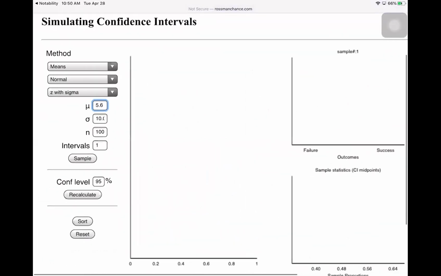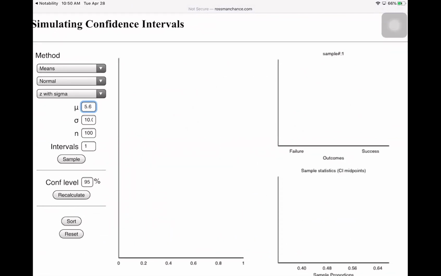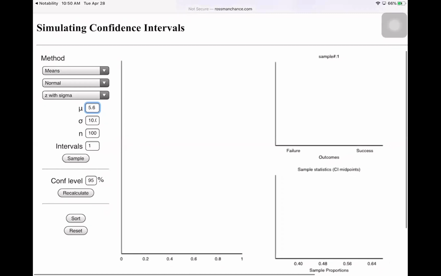So right now, everybody should hopefully be able to see a screen which says simulating confidence interval. We're going to go over different confidence intervals, and you'll see what would happen with the range of the confidence interval if I start switching the confidence level. Would the confidence interval get wider, or would it get narrower or smaller? That's what we're going to do.